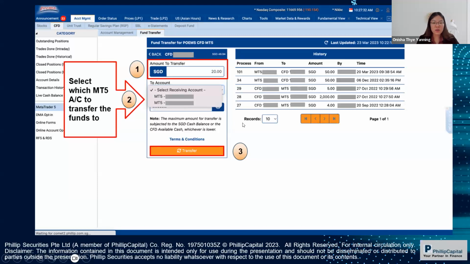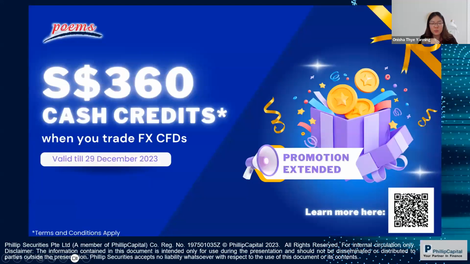Okay, last we have our promotion. When you trade FX CFD, previously we had the same promotion, which lasted until around September. We actually extended it to December, for you to get the 360 cash credits.